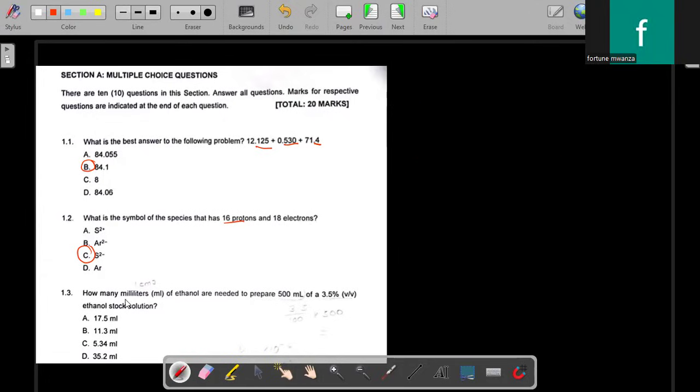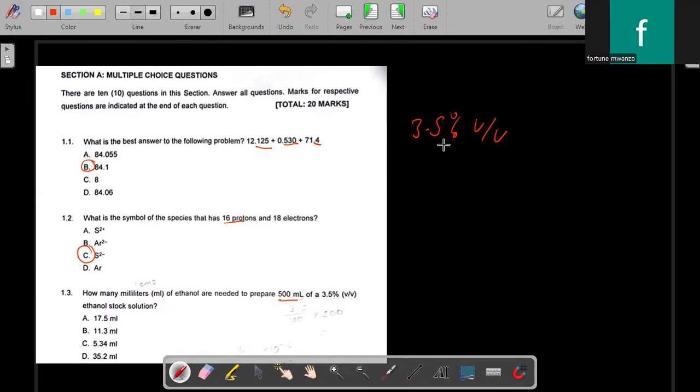Question 3 says, how many milliliters of ethanol are needed to prepare 500 milliliters of a 3.5% volume by volume ethanol stock solution? So you have 3.5% volume by volume of your ethanol stock.